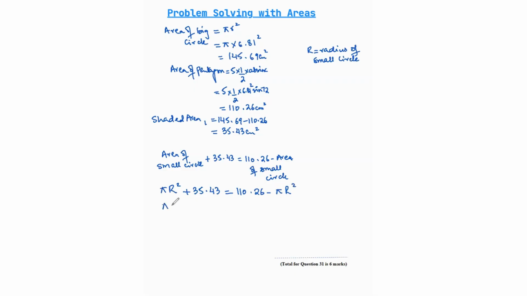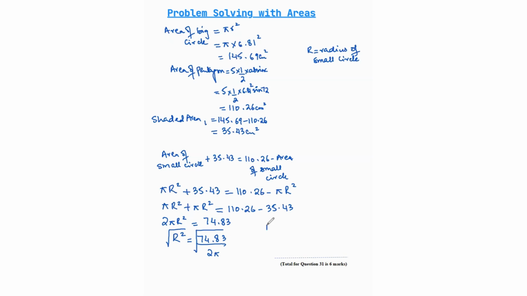Combine the like terms on both sides. So pi R square plus pi R square, sorry, is 110.26 minus 35.43. That's 2 pi R square. And we do 110.26 minus 35.43. That's 74.83. So R square is going to be 74.83 divided by 2 pi.